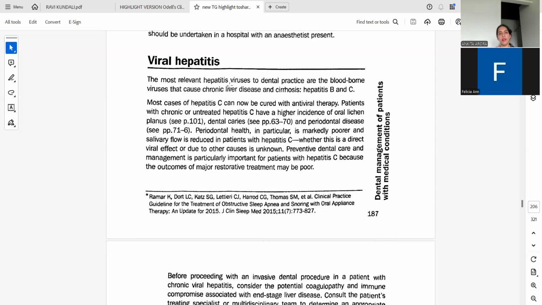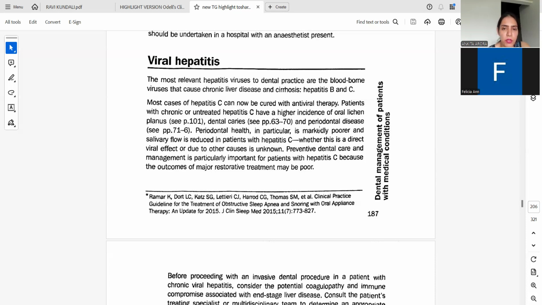Now, the most relevant hepatitis viruses to dental practice are blood-borne viruses that cause chronic liver disease and cirrhosis, hepatitis B and C. Most cases of hepatitis B can now be cured with antiviral therapy. Patients with chronic or untreated hepatitis C have a higher incidence of oral lichen planus, dental caries, and periodontal disease.